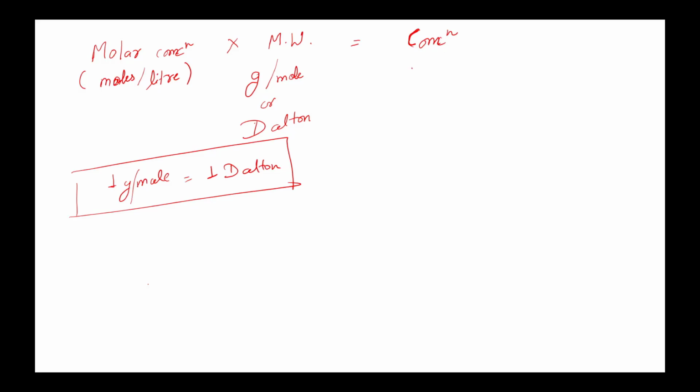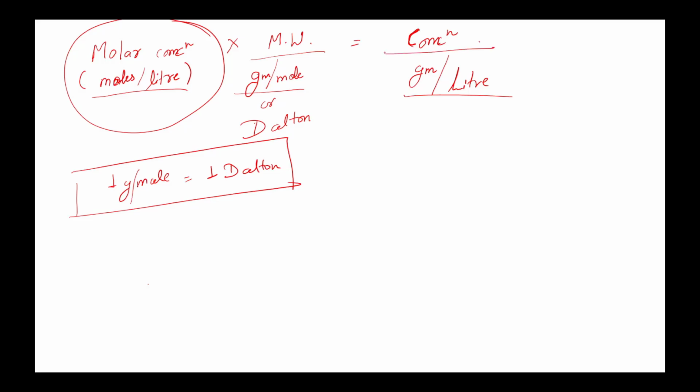The concentration we generally have in grams per liter. So this is the formula and these are the units. We have to find the molar concentration of the enzyme; we know the molecular weight and the concentration.